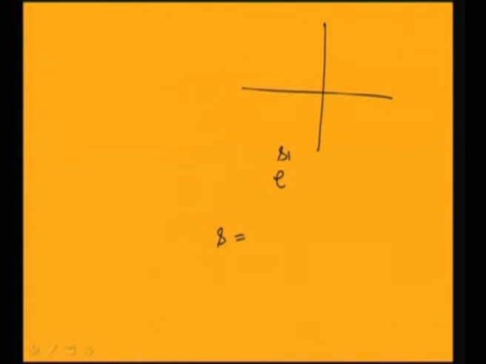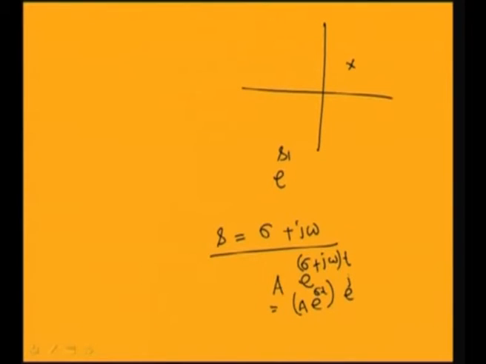Let me write this s equal to sigma plus j omega, as s is a complex number. So if I have a root here, the solution will be in this form. It will contain a into e to the power (sigma plus j omega) t. So this becomes a into e to the power sigma t into e to the power j omega t.